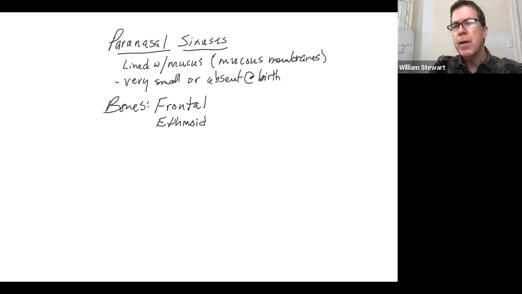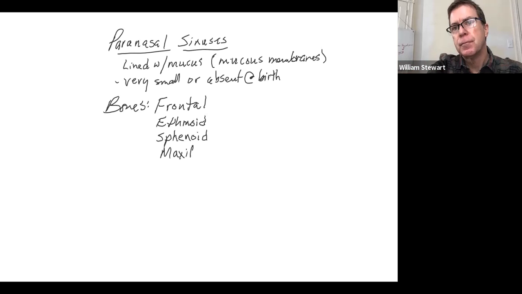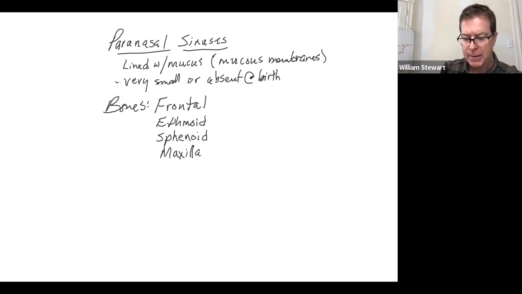The sphenoid, which is that butterfly-shaped or bat wing-shaped bone, that's the keystone to the skull. And the maxilla. Those are the four main bones that contain the paranasal sinuses.